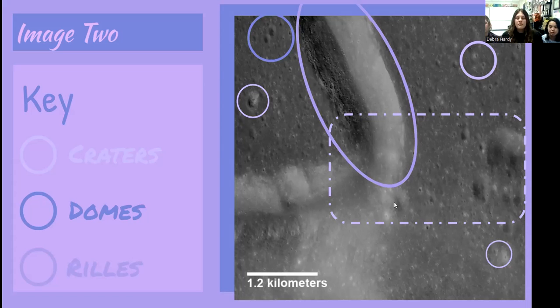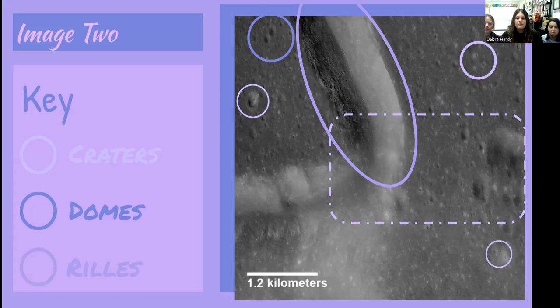Okay, so again, in this image, these are all craters. This is probably an even tougher image to look at and analyze because the sun angle on this is incredibly high. The sun was very high over this particular part of the surface when this image was taken by a spacecraft.